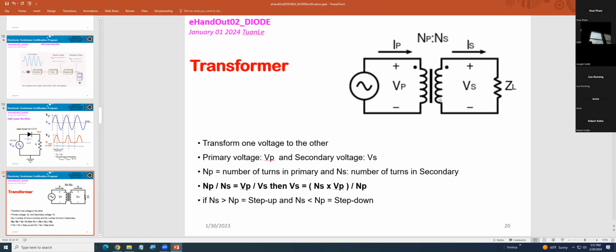Okay, now you can see how it looks. VP means the primary, and the other side, VS, is the secondary.